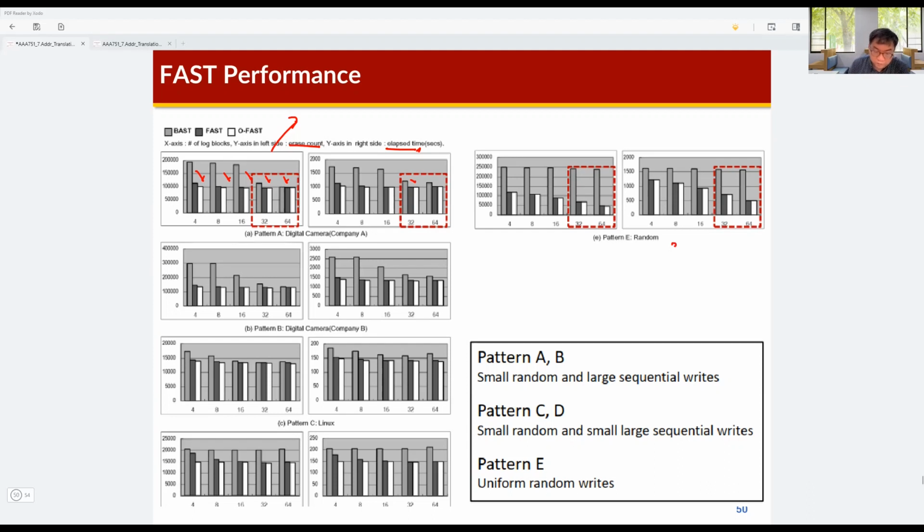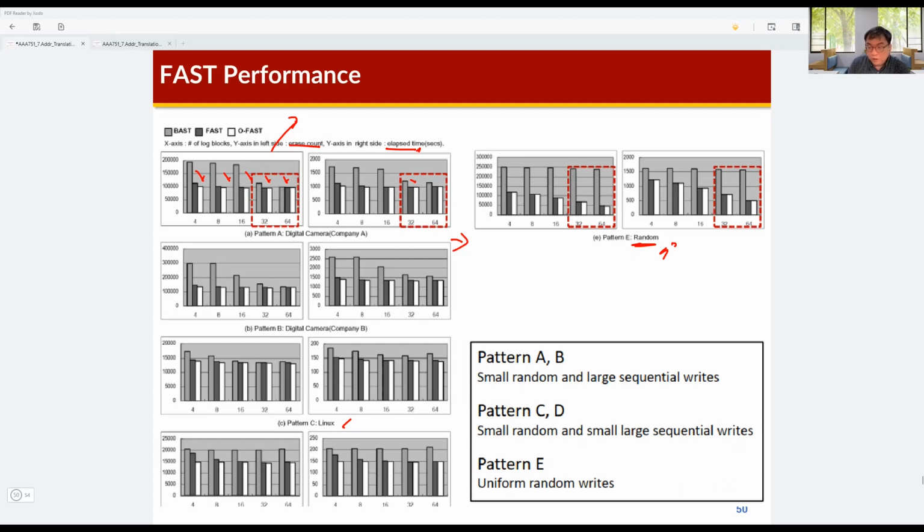So there are different access patterns, and these streams are captured from different applications such as digital camera, Linux, and several random write workloads. Can you observe?